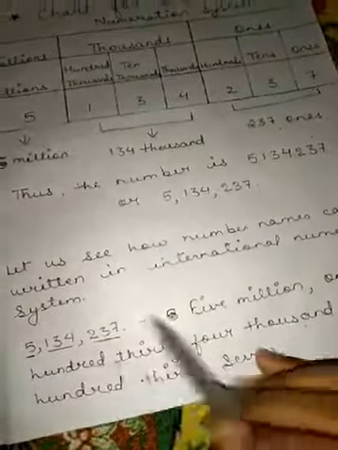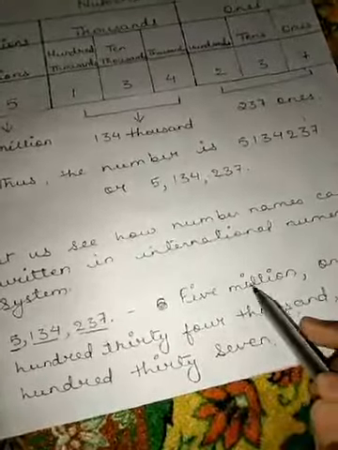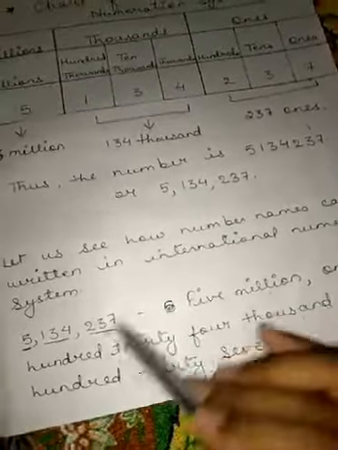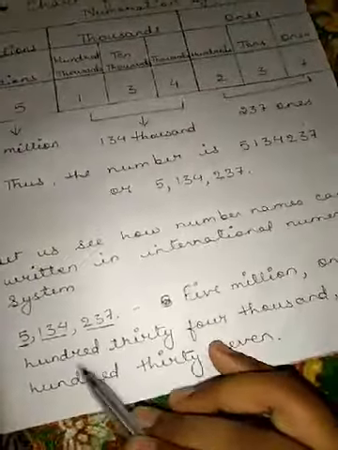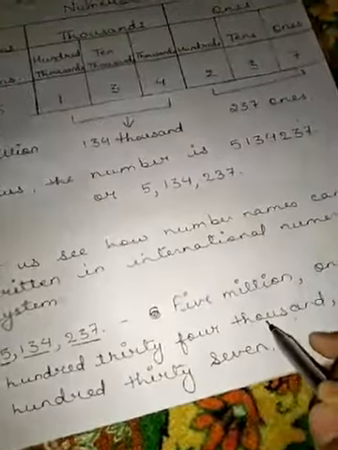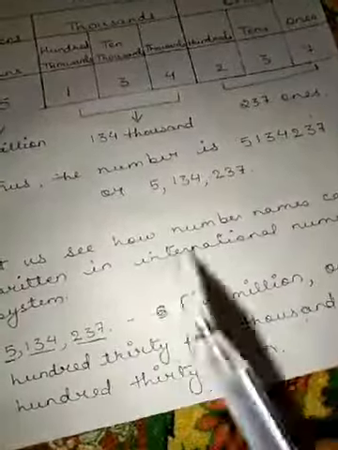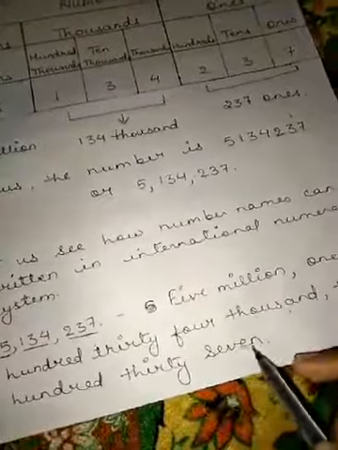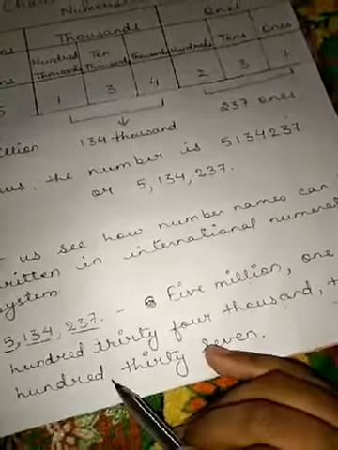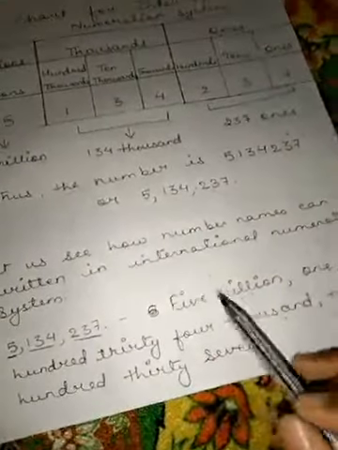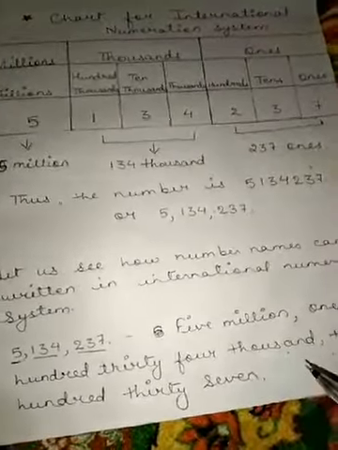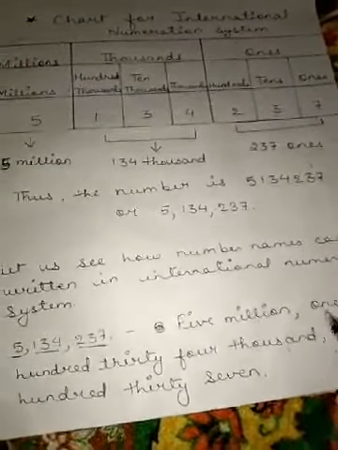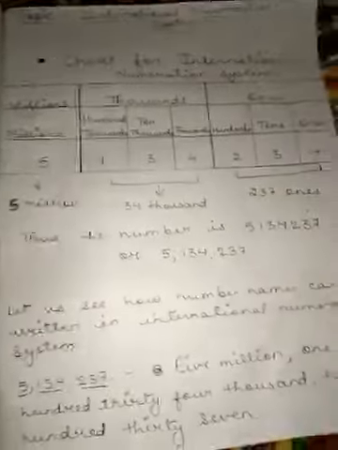Once again, 5 million, because it is from the period of million. 134,000, because it is from the period of thousand. Now 237, this one is from the period of ones. Clear?